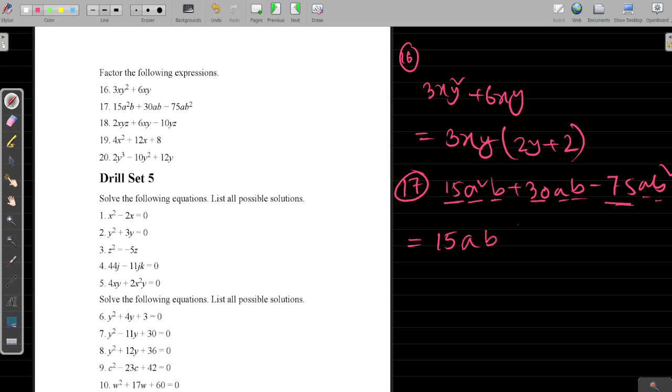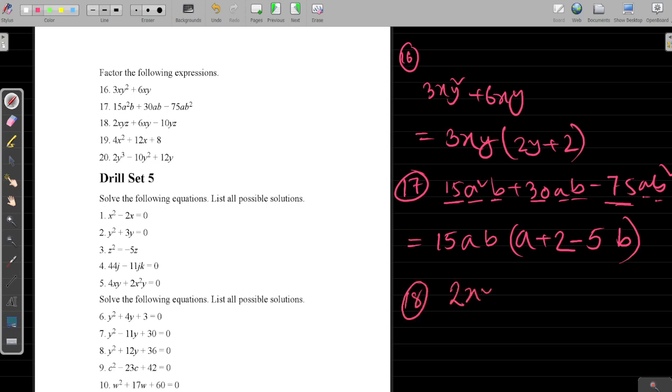B square, that's why b will be common here. So here remaining part is a, here remaining part is 2, and here remaining part is 5, and here I will find b.